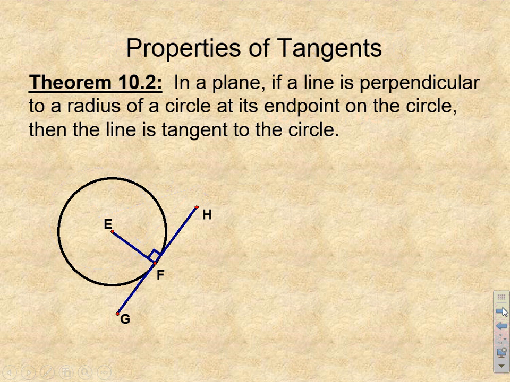This one says if you're in a plane, and the line is perpendicular to the radius of a circle, and the endpoint of the radius is on the circle, okay, at that point, you're going to have that line being tangent. So basically, this is the converse to Theorem 10.1. Okay, so you're just reversing it. Okay, so write those two down in your own words, and then make sure you draw the picture of what you have, and then what you get, okay?